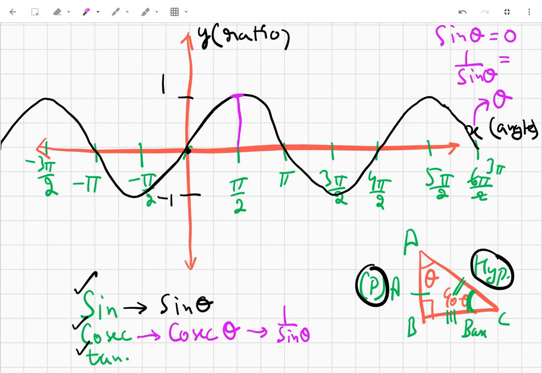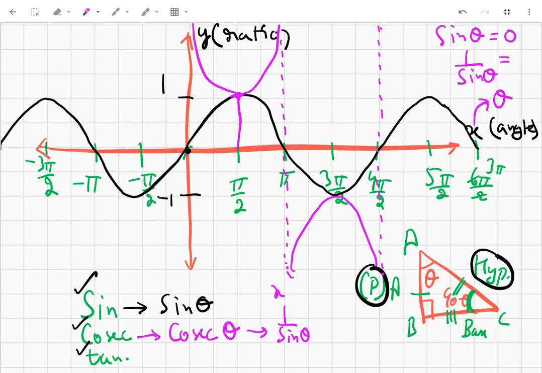Let me draw an asymptote at pi. So cosecant theta like this. This point is included, so this is cosecant theta. Then next portion will be like this, like this.